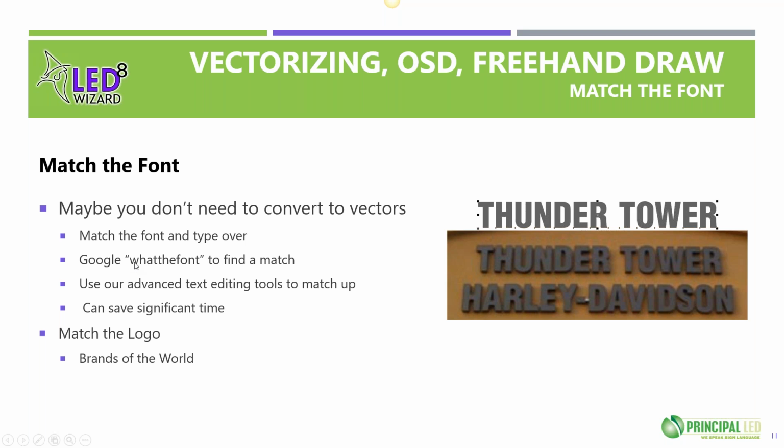There's this website, What the Font, and it's a great tool for matching fonts. I like to fancy myself as pretty good with fonts and font names, but this site is pretty amazing, because there seem to be millions of fonts out there. So if you can match the font, you can then download that TrueType font onto your system, use it in our text tool, and off you go. Okay, so that's another option.